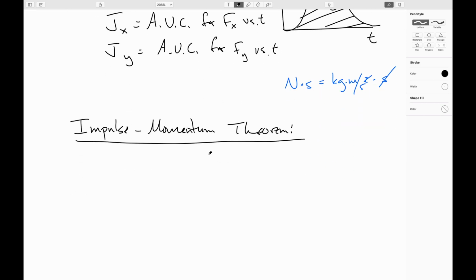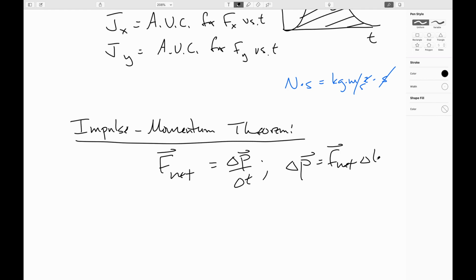So we start with Newton's second law of motion expressed the way Newton actually said it, that F net equals delta P over delta T. And then what you do is effectively multiply through by delta T. So this F net delta T, hey, that's the impulse, especially if we add all this up over sufficiently small delta T's.